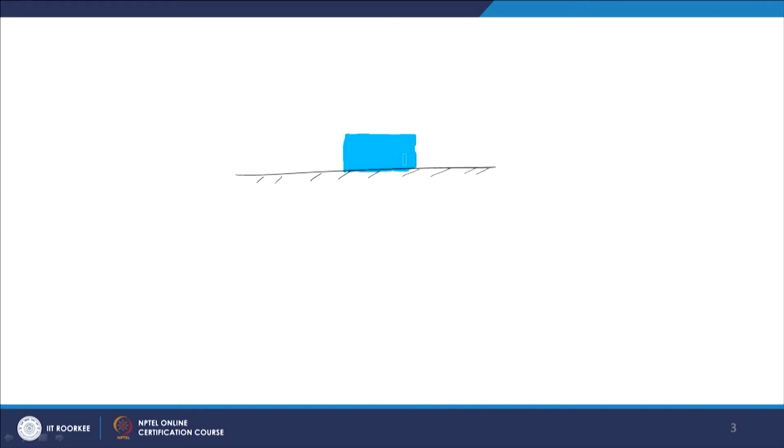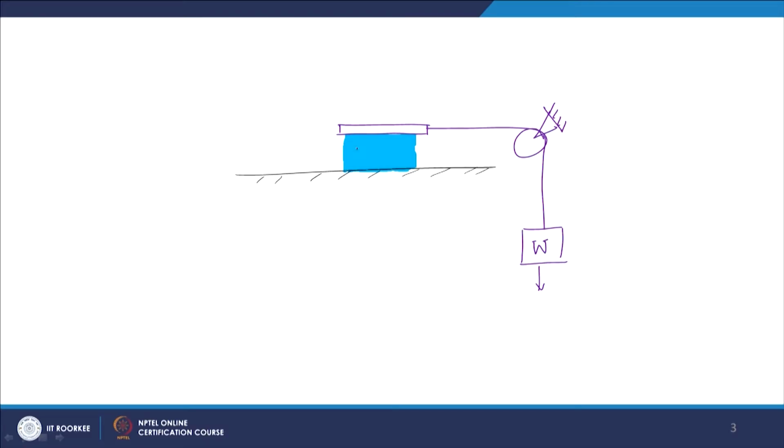Let us say this is my material, and let us say if I confine the material with another plate fixed at top, and I start moving that plate using a weight that is connected through gravity. So, you apply a force on the plate, and the plate is basically pulling the sample of material along with it. So, here is my sample that is being pulled.